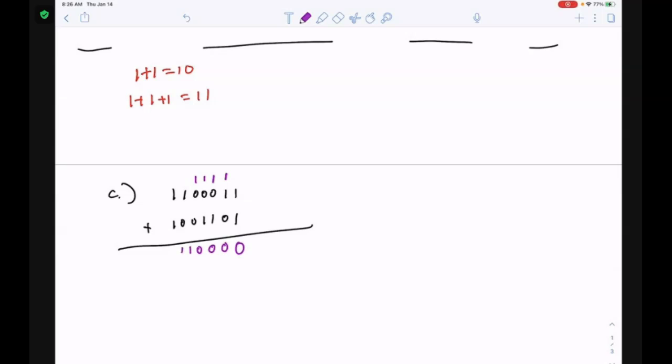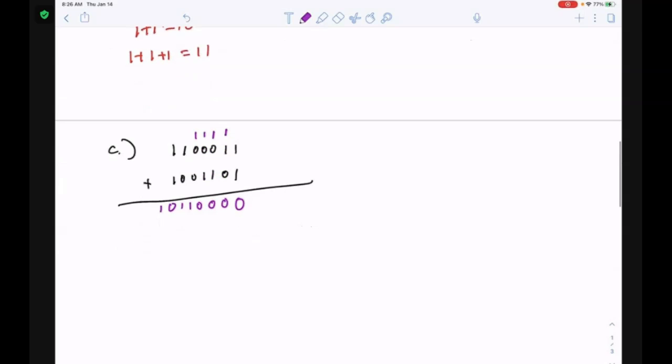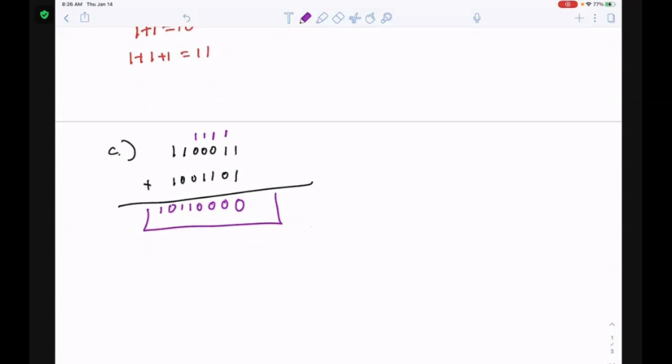We just did it. The only thing that's not normal is the 1 plus 1 and the 1 plus 1 plus 1. And finally, 1 plus 1 is? 10. And that's my answer. 1, 0, 1, 1, 0, 0, 0, 0.